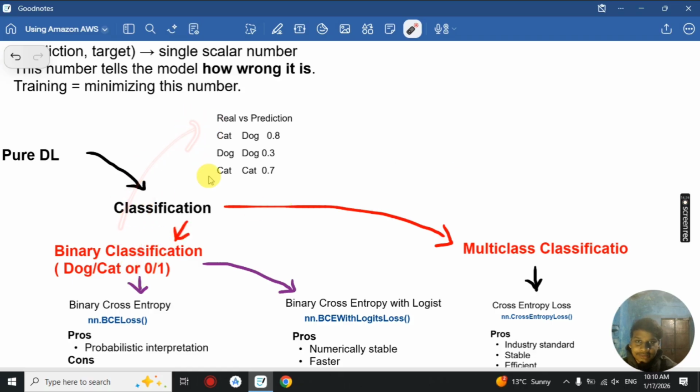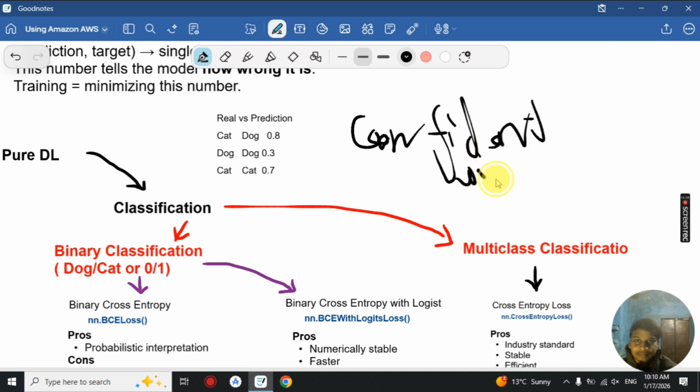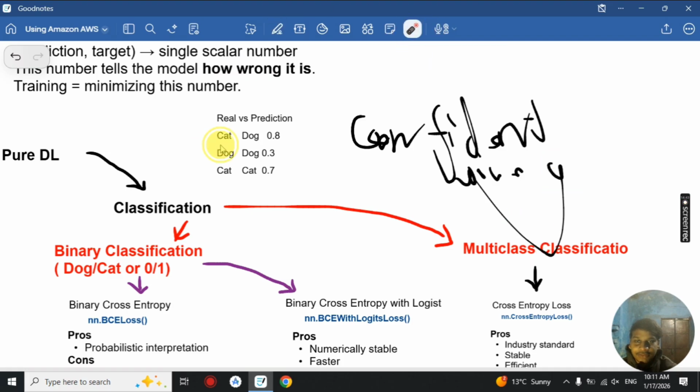Also, the loss is calculated and defined by how confident the model is wrong. Confident wrong. For example, the real value is cat, but the deep learning model predicts dog with a confidence of 0.8.